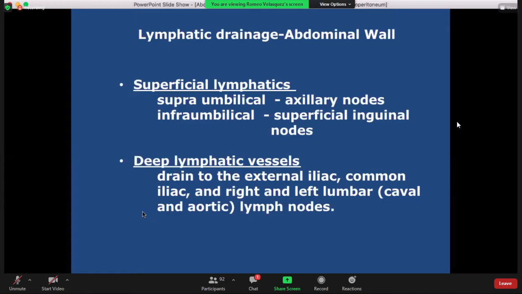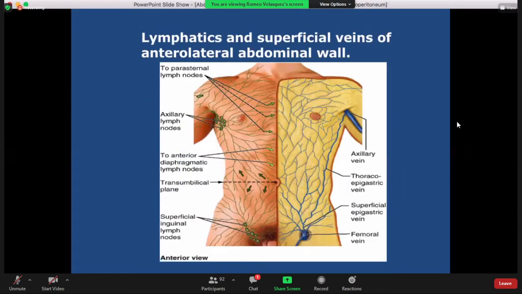So there's a manner in which the lymph is drained on the anterior abdominal wall. And this is it in this illustration from Moore again. The lymphatics, superficial veins, anterolateral abdominal wall system.